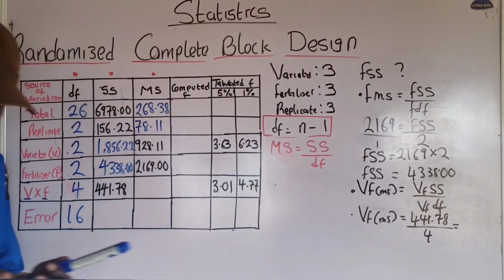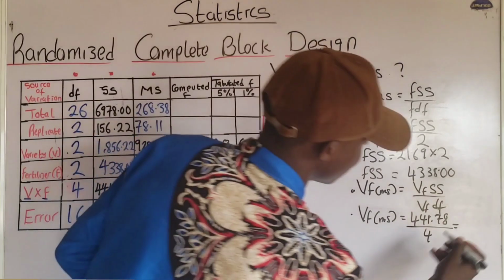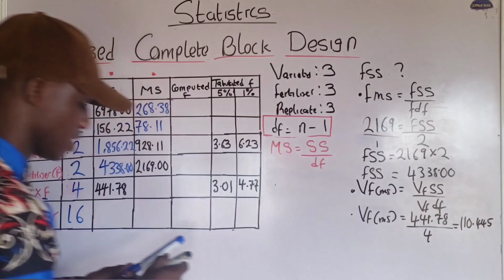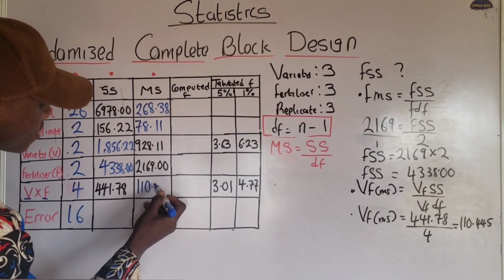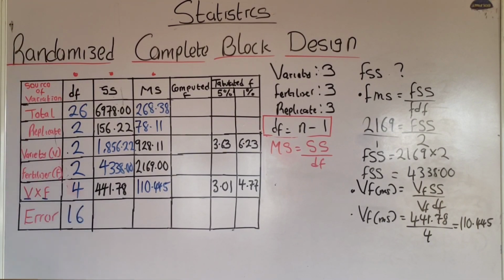So 441.78 divided by 4 is 110.445. You understand? That is the variety fertilizer mean squared.